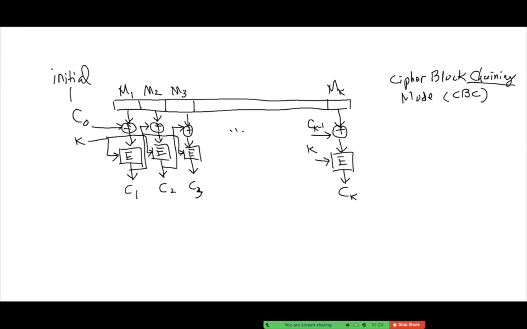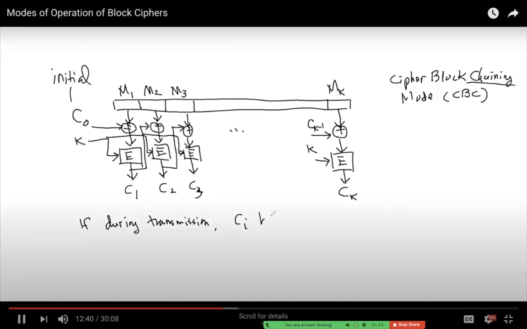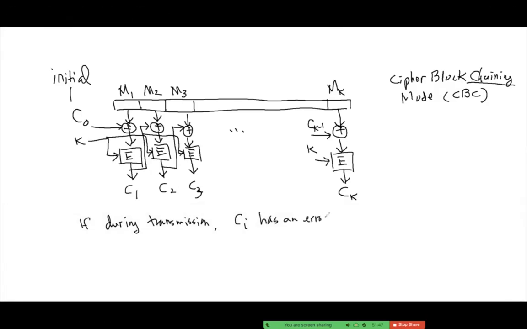Now there's some issue: if during transmission Ci has an error, which means it's a transmission error, then of course we know Mi will be affected, sorry, not infected.